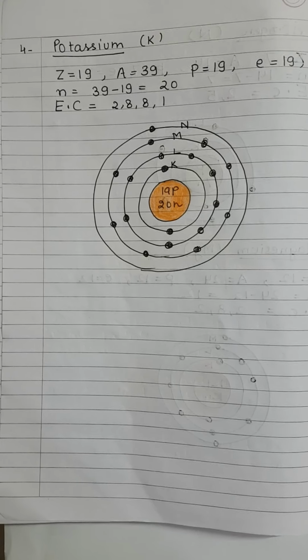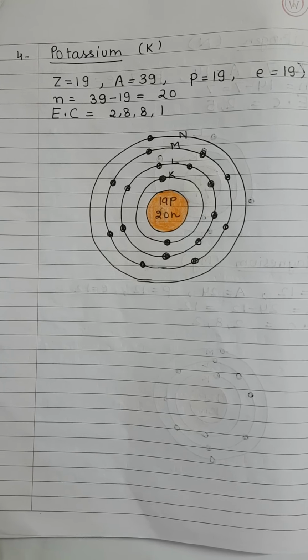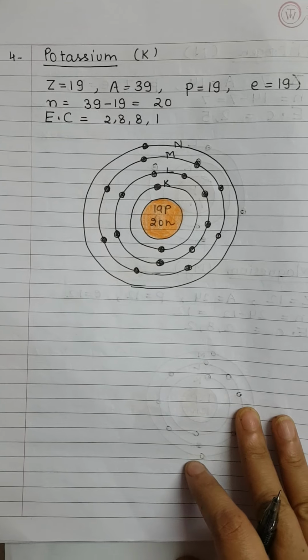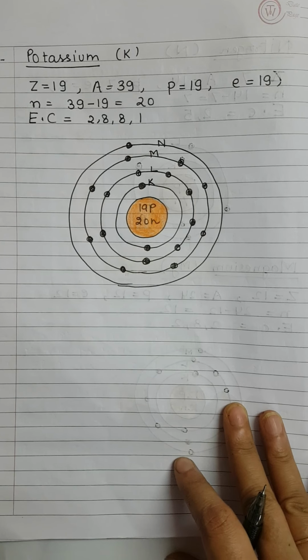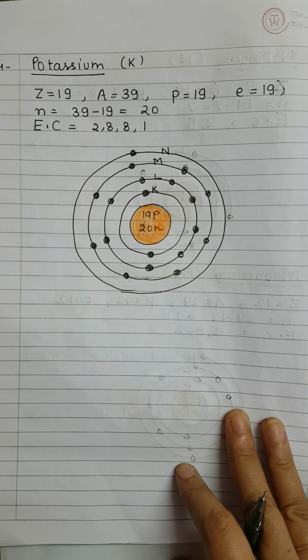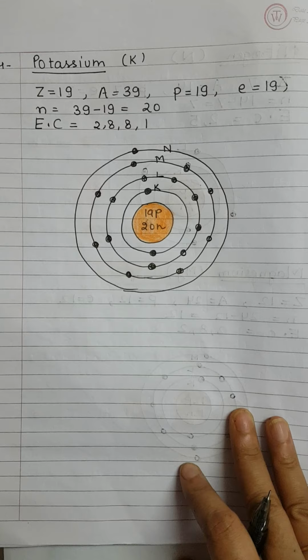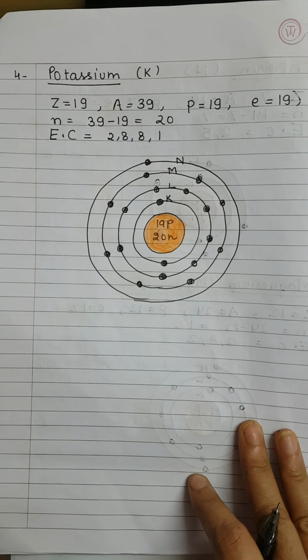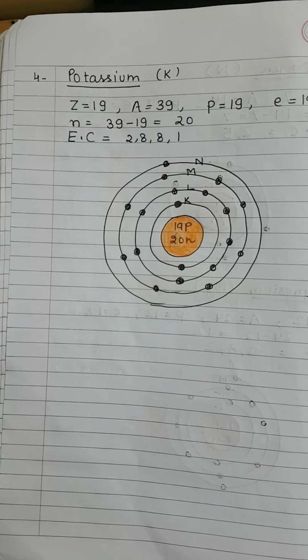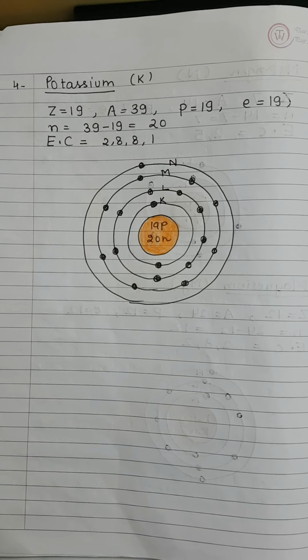Draw the orbital diagram like this as I have shown to you, and use a compass while making the orbits. Make the orbital diagrams very neatly, and write the mass number, atomic number, number of protons, electrons, neutrons and its electronic configuration. Thank you boys.